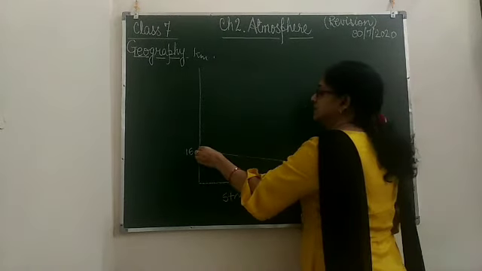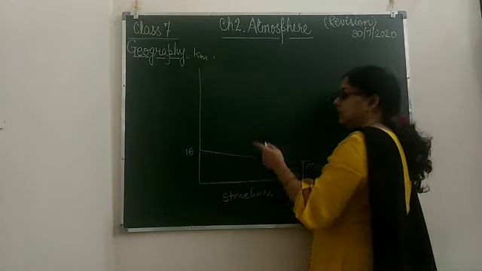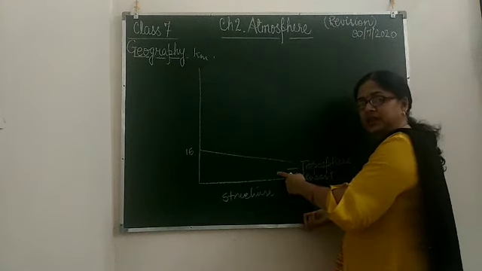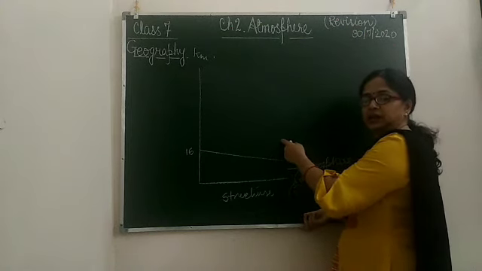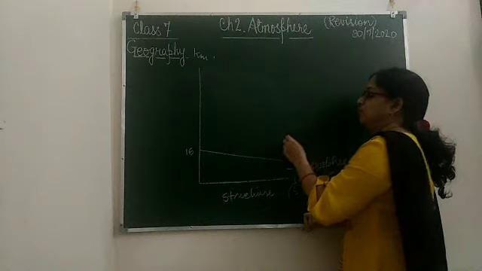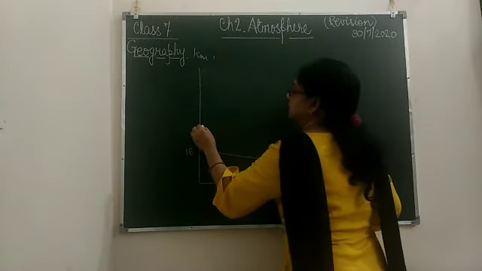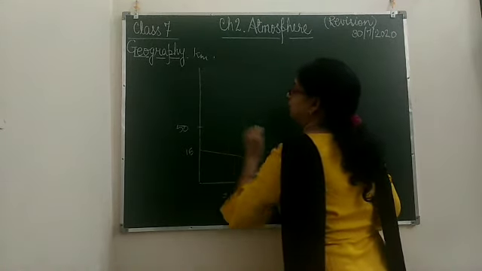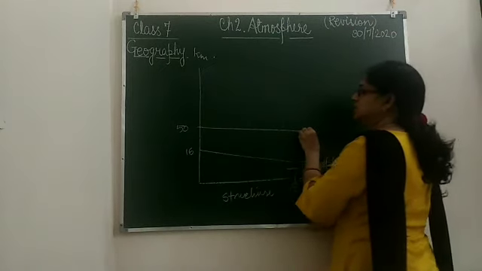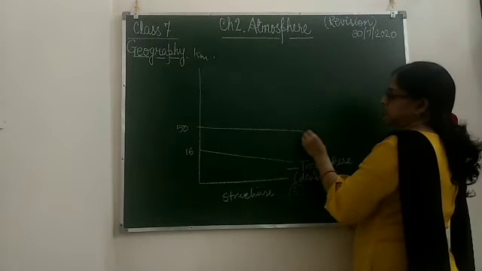Now there is a transition zone between the lowest layer and the second layer from the earth, which extends to about 50 kilometer from the earth's surface, called the stratosphere.